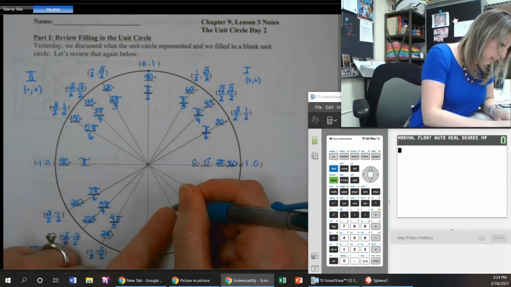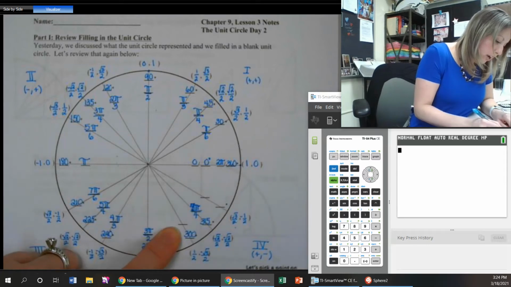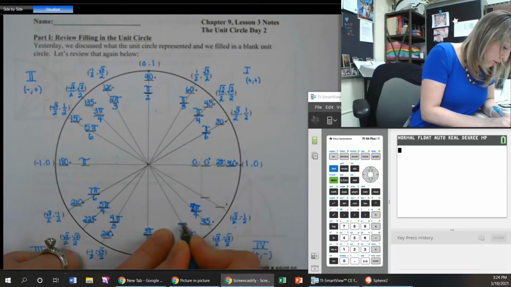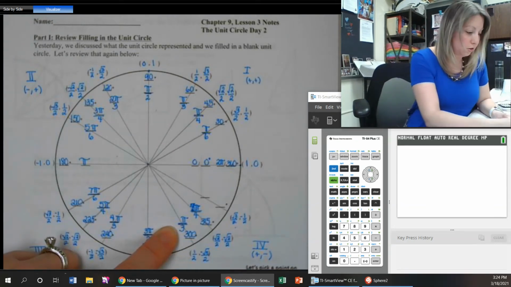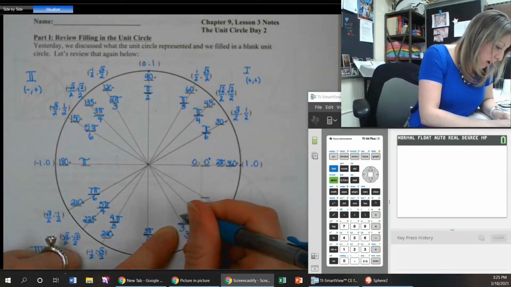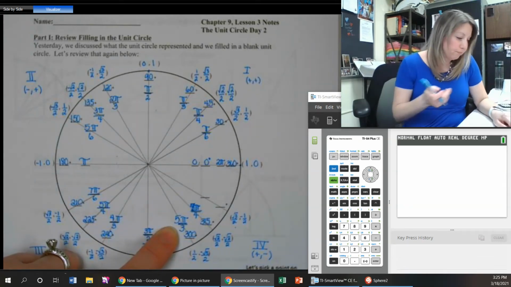Now that's a 60-degree reference angle if you're coming from here over. So that means for radians, this is going to reduce to a third, right? And since 6 pi over 3 reduces to 2 pi, then 5 pi over 3 is the radian equivalent.